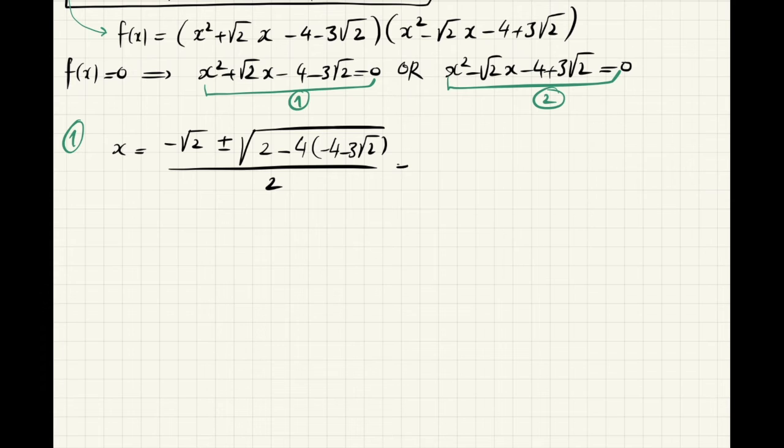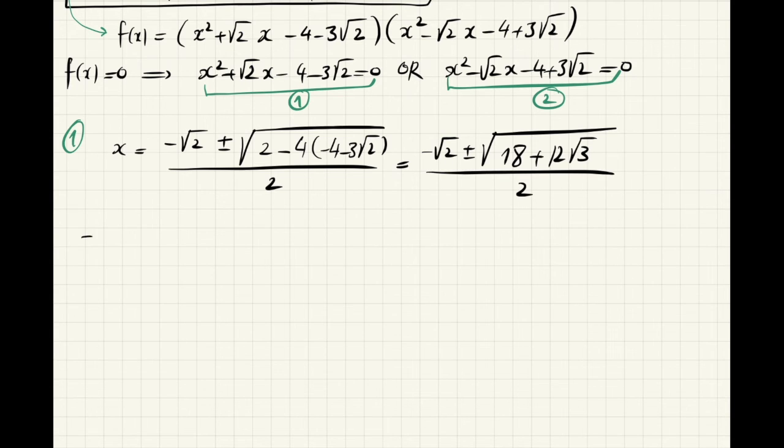Yes? This becomes minus the square root of 2 plus or minus the square root of, so minus 4 times minus 4 is positive 16, and positive 2 becomes positive 18. And then minus 4 times minus 3 is positive 12 square root of 2, and then I have divided by 2. And then you can immediately see that I can write it in that way.